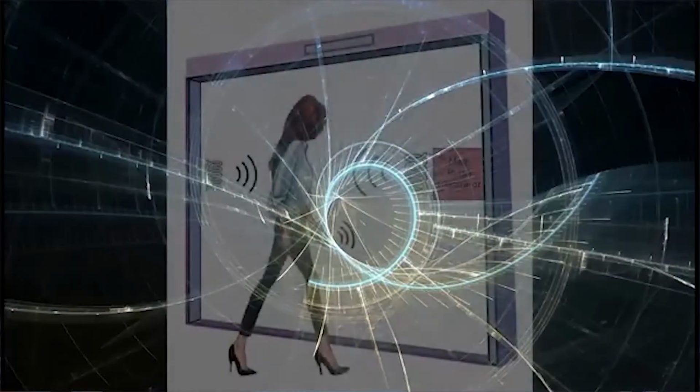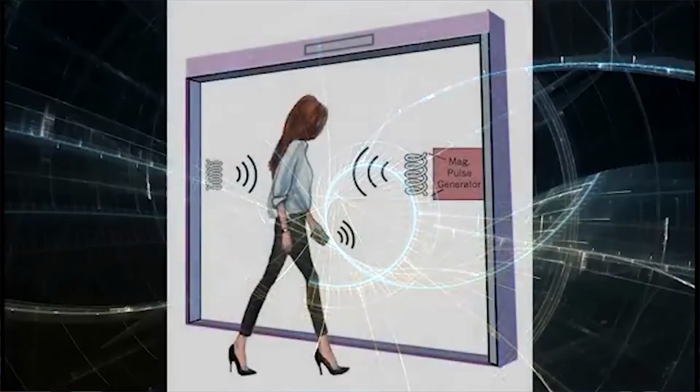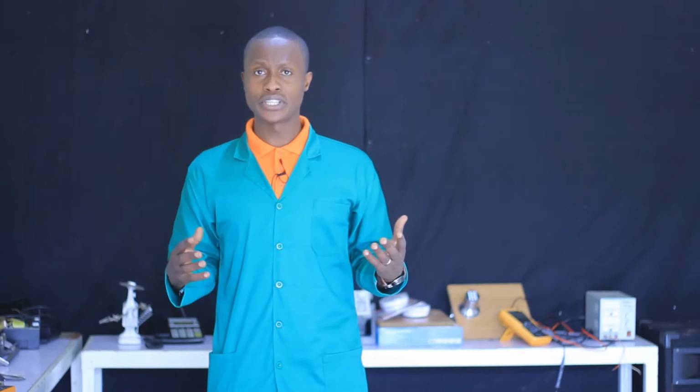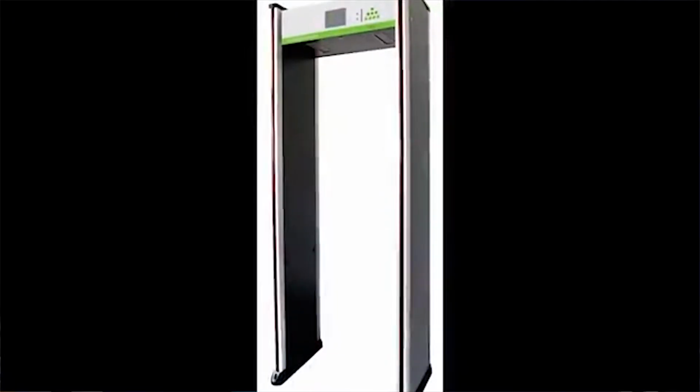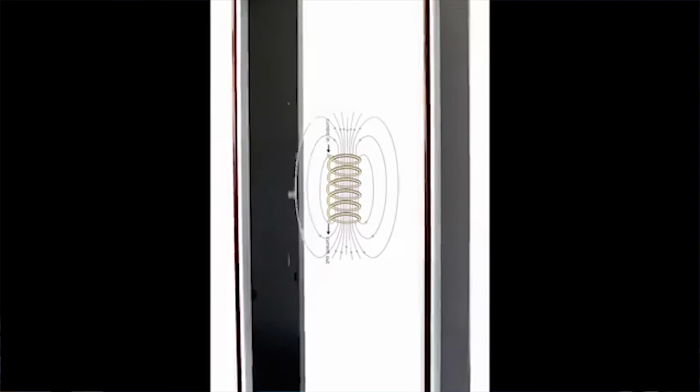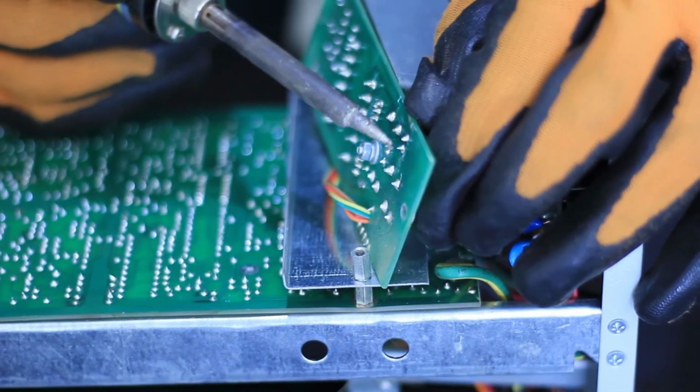And finally, there are sensitivity faults, when the capability of this walkthrough metal detector to sense any metal which passes through it is less than before. We are going to see how to troubleshoot different faults of a walkthrough metal detector.